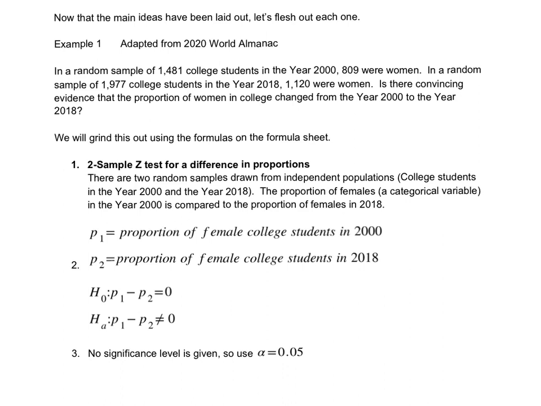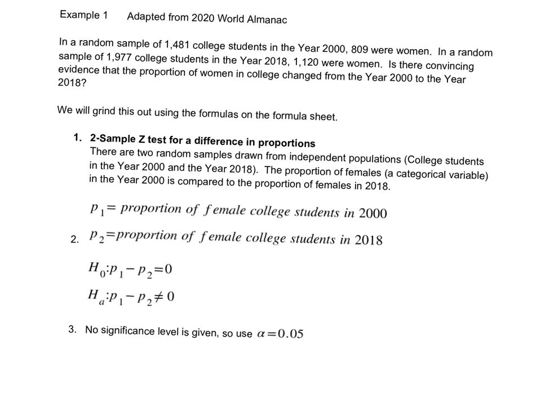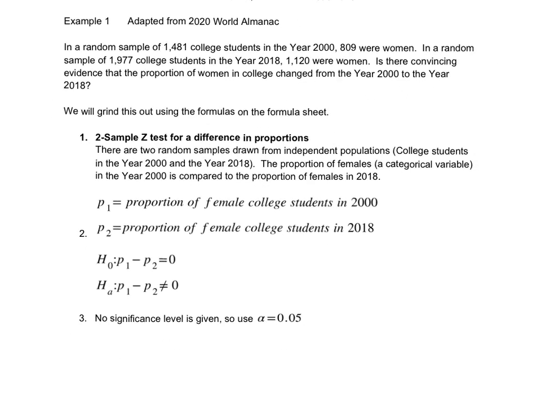And in the year 2018, we chose 1,977 randomly, and 1,120 were women. So it's hard to tell immediately if there truly is a difference in these two proportions. So that's why we would do a statistical test to determine if it's significant or not. Is there evidence to support the claim that there has been a change from 2000 to 2018?